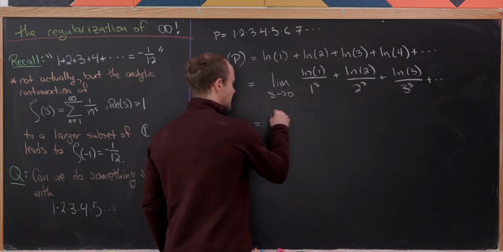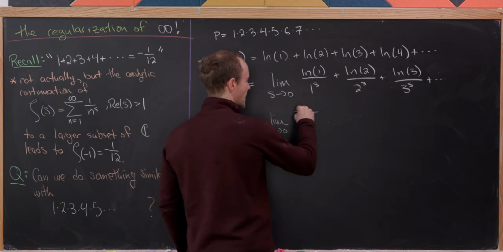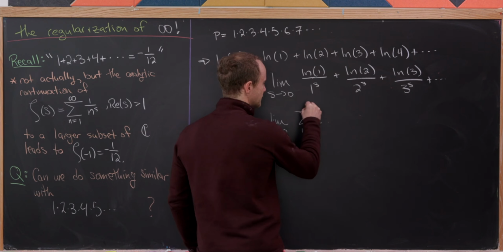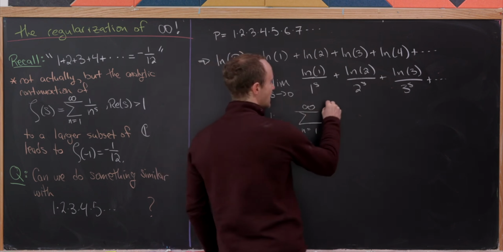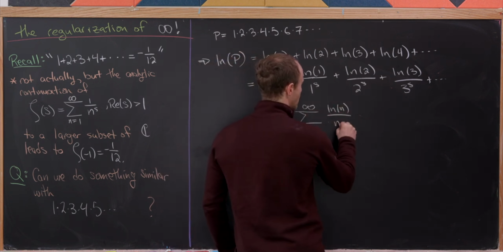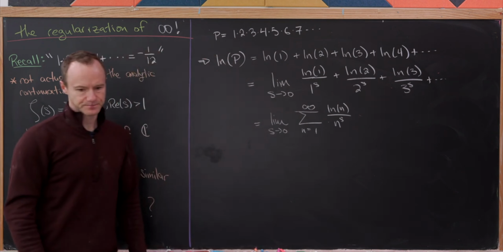In other words, it looks like the limit as s goes to 0 of the sum, as n goes from 1 up to infinity, of the natural log of n over n to the s.